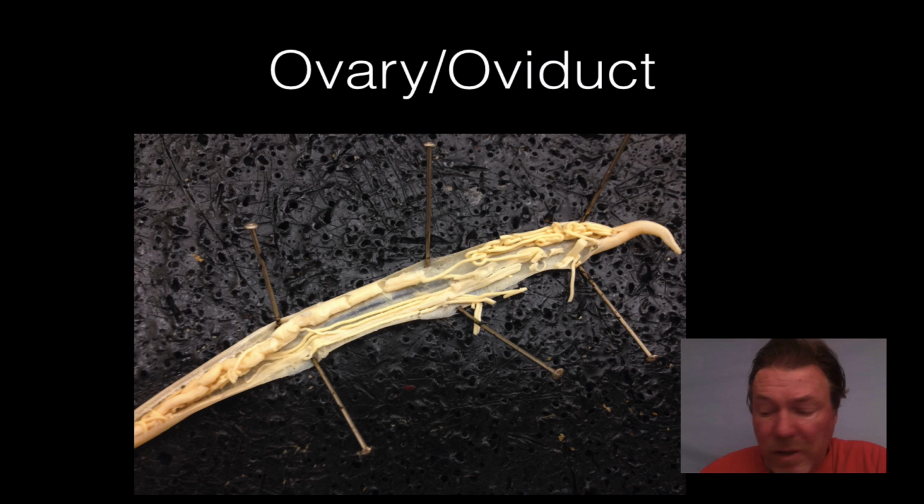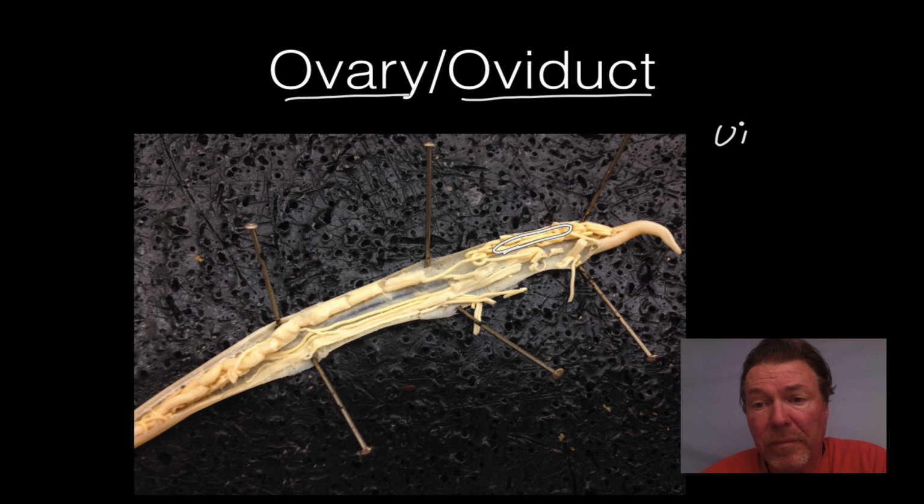And the last question I asked was about the ovary and oviduct, the little skinny tubes. Again, in class I refer to it as angel hair compared to the spaghetti. And either one of those would be right. It could be the ovary, which is where the eggs are made, or it could be the oviduct, which is where it carries the eggs from the ovary to the uterus. So you've got to think about the uterus.